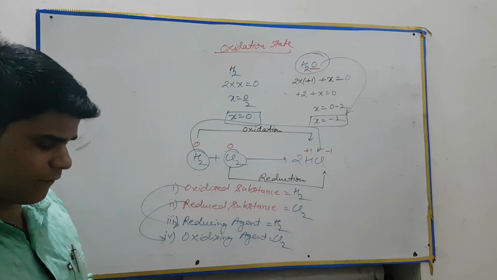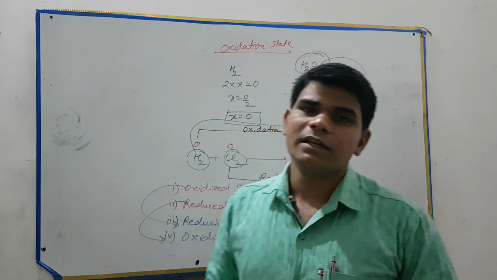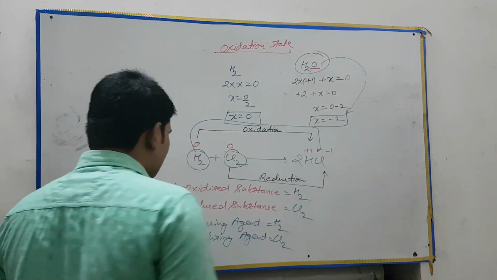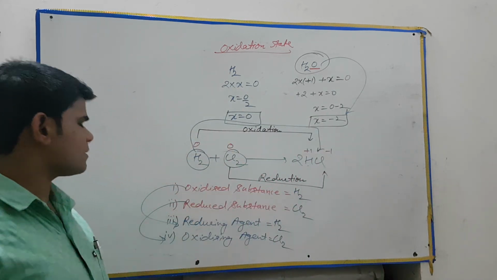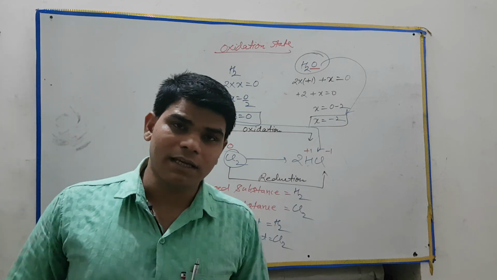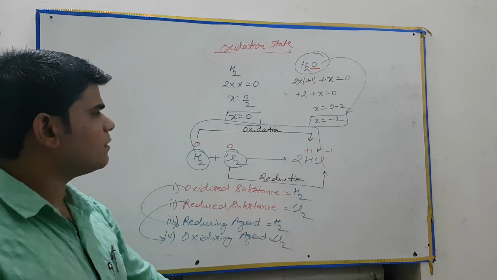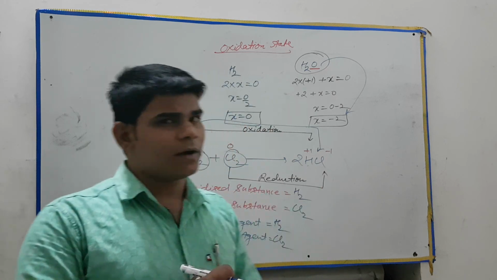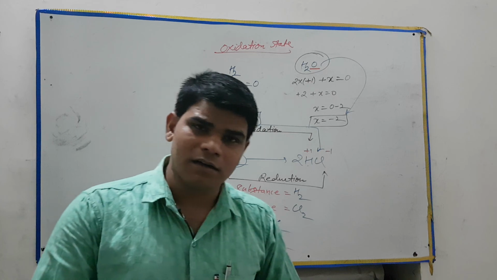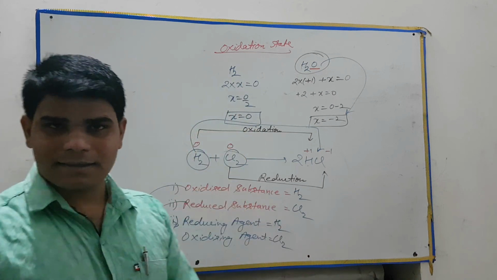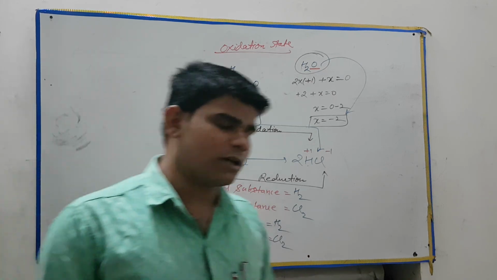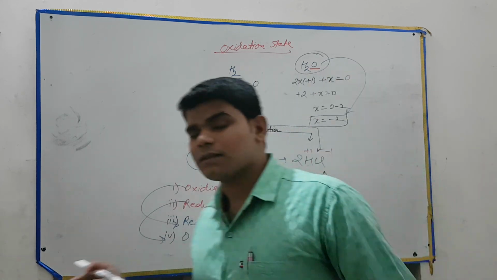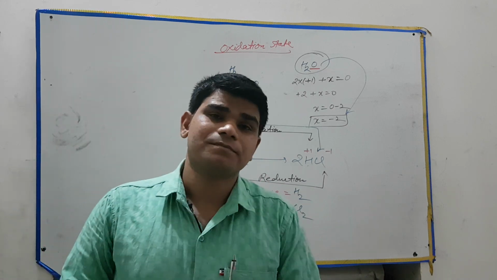We have discussed the oxidized substance, reduced substance, reducing agent and oxidizing agent. Clear? You can calculate by this method: find the first two points and then you get all the answers. These are the criteria for the board, which also gives this type of question. So students, be happy and stay home, and thank you.